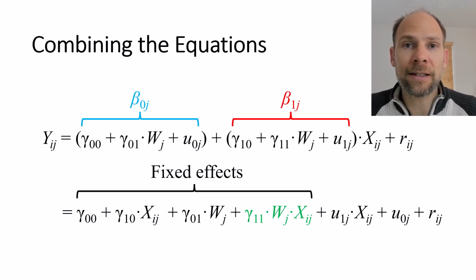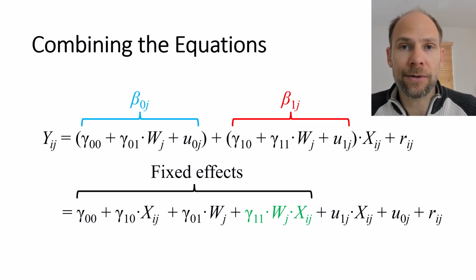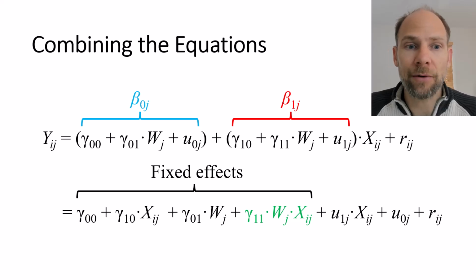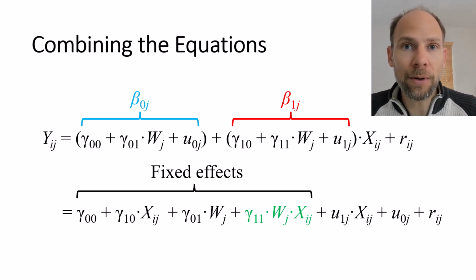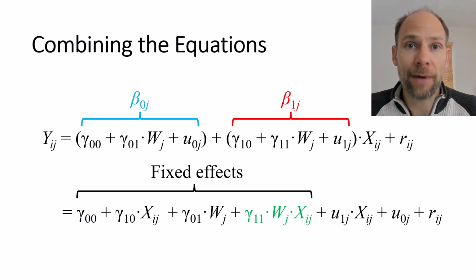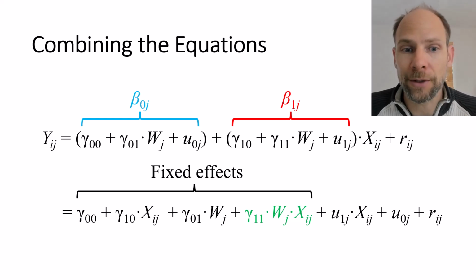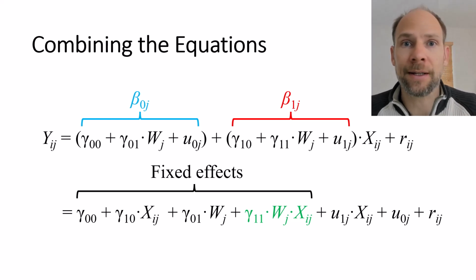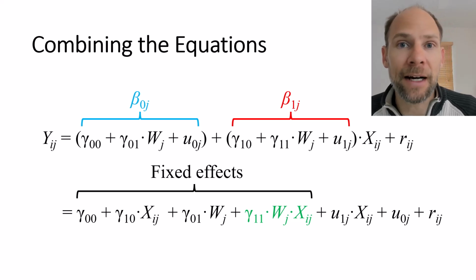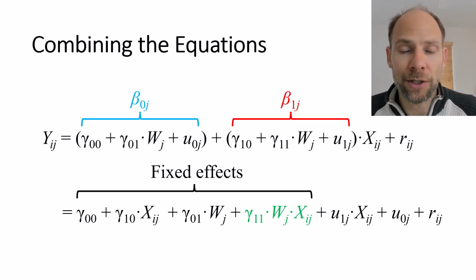Here on the left-hand side, I arranged all the fixed effects, and those are really the ones that we care about the most right now. All the fixed effects involve gammas, and gammas are constants. Those are the level 2 fixed regression intercept and slope coefficients from the level 2 regressions of the random intercept and random slope on the level 2 predictor W. The gammas are all fixed, they're all constants, unlike the betas, which are random coefficients.